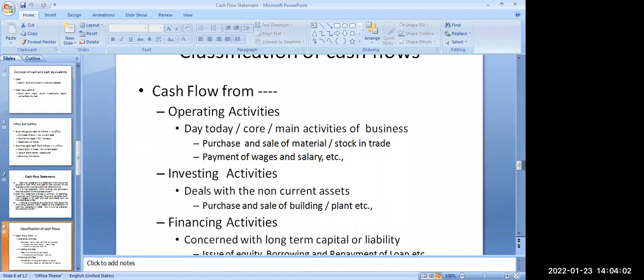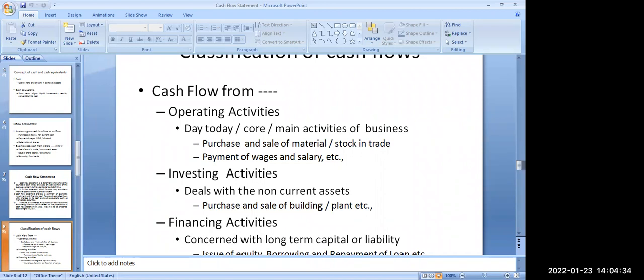Operating activities are those relevant to the day-to-day activities of the company, the main business, the core activities of the business. Examples: purchase of raw material, payment of salary, payment of wages, selling of goods. These are all examples of operating activities.